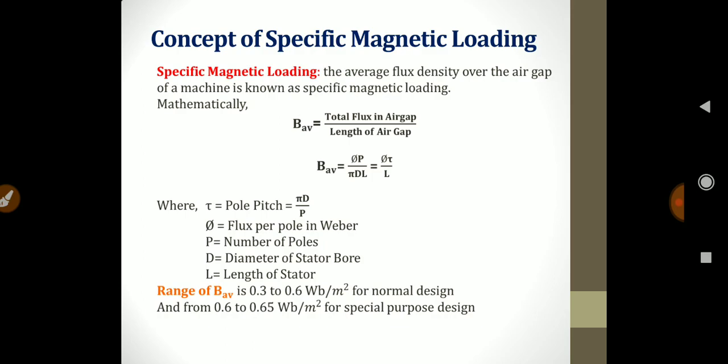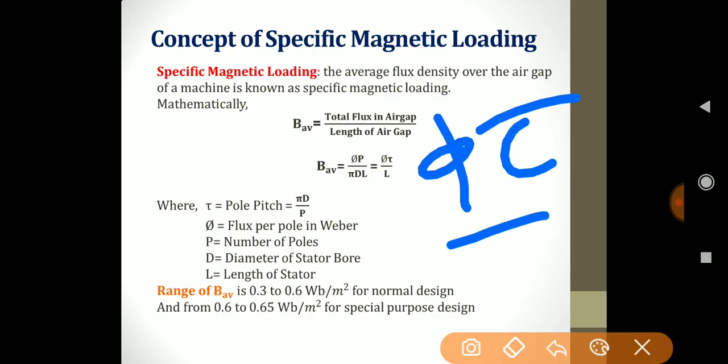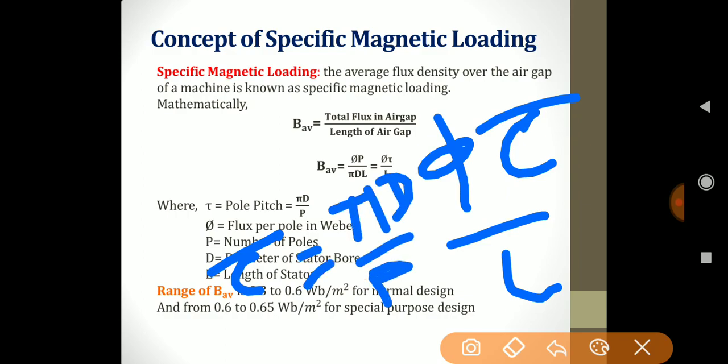Again, this can also be written as phi p divided by tau L, where tau is called the pole pitch, which is given by pi D by P. It represents the distance between two poles.